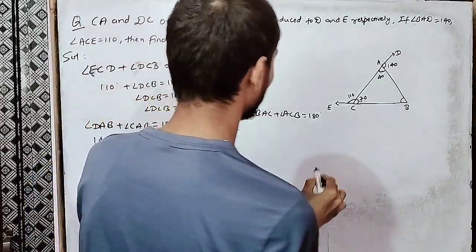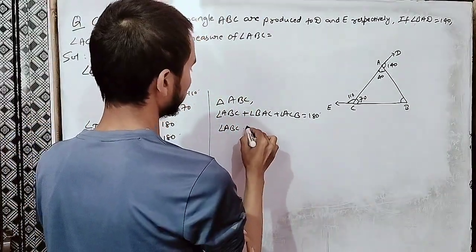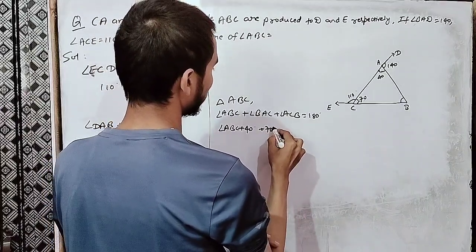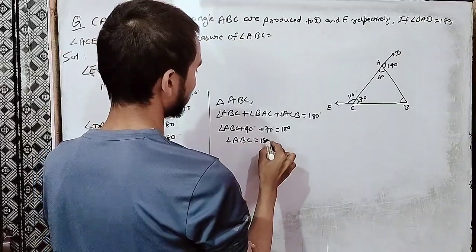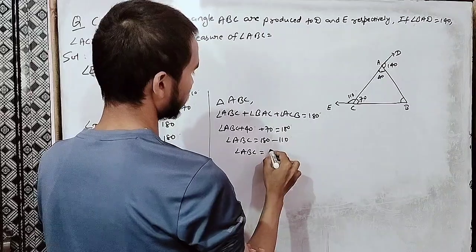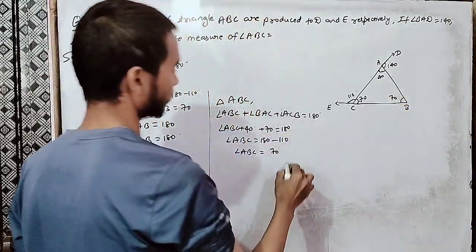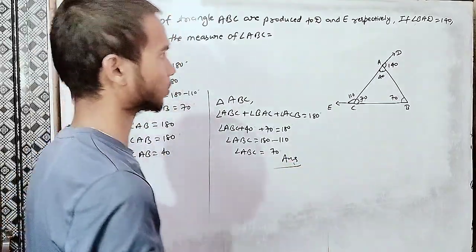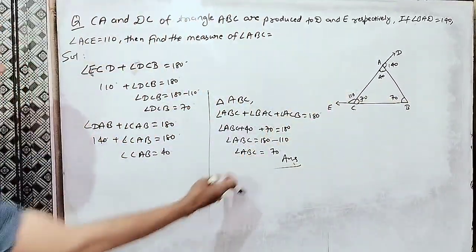BAC is 40 degrees and ACB is 20 degrees. ABC is 20 degrees. We can check our answer: 20 plus 20, 140 and 40, that is 180. Okay, this is our final answer.